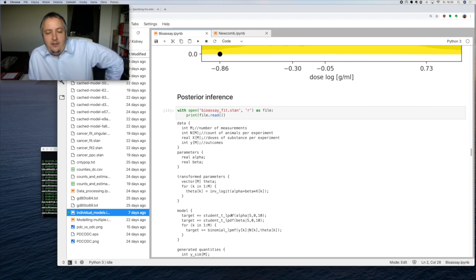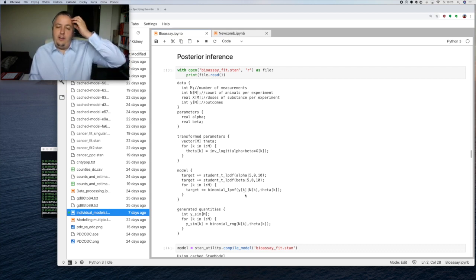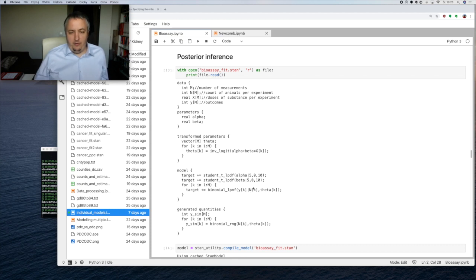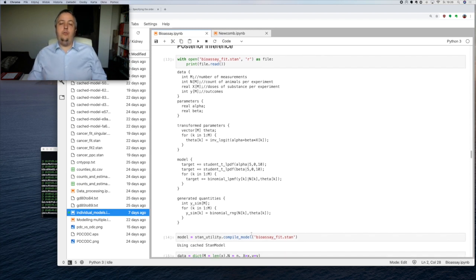We are adding logarithmic student distributions for alpha and for beta, and we are adding the binomials for each of those yk, dependent, of course, on the number of animals in the experiment and the theta parameters that were computed in a transformed parameters block. So that's a use for transformed parameters: to make the code easier and to do some manipulation that might be convenient for the computation. And for our generated quantities, we'll simulate the outcomes from our model.